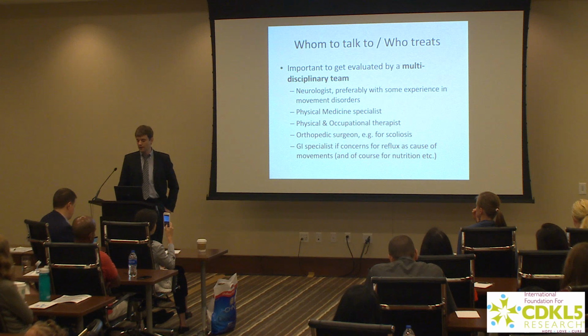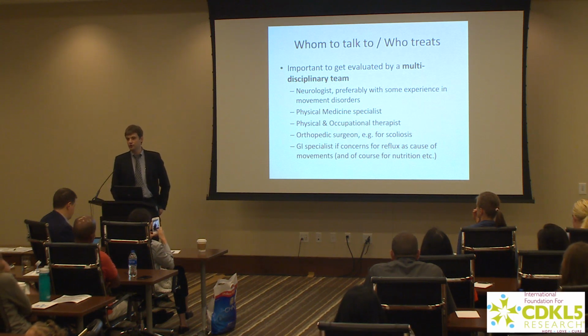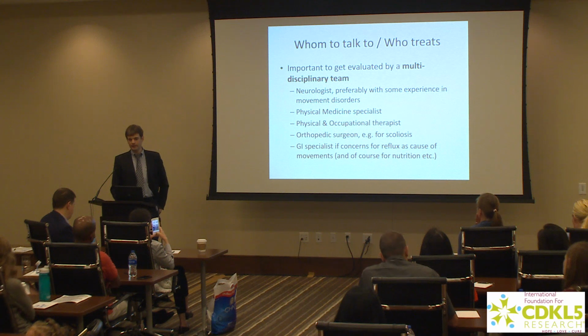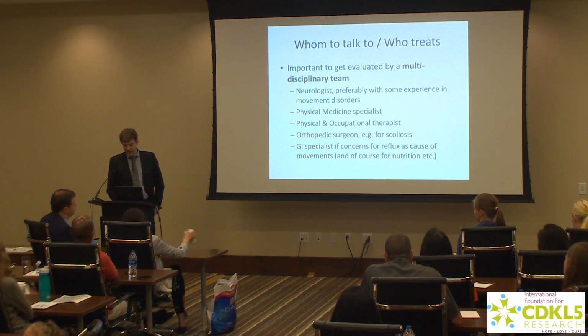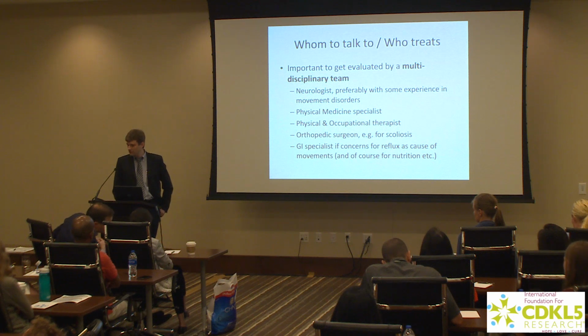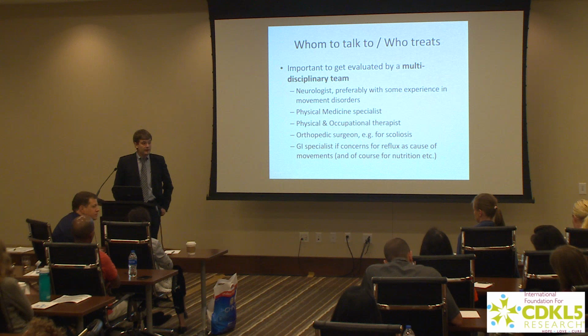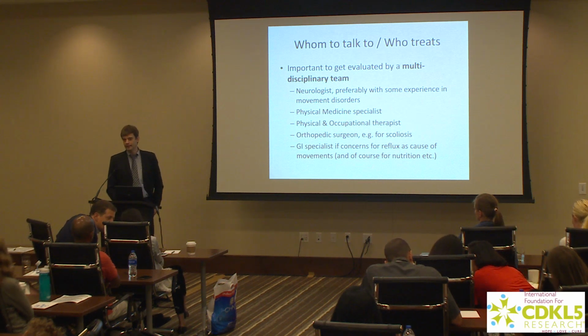Preferably, obviously, a neurologist with some experience in movement disorders. No, I'm just kidding. A physical medicine specialist, physical medicine doctor to address all the more permanent muscular disorders, and venture into treatment such as Botox, bracing, etc. Then PT and OT, I can't emphasize how important that is.